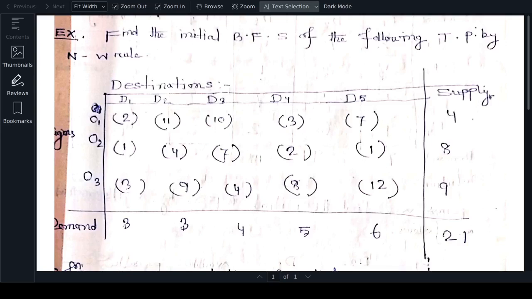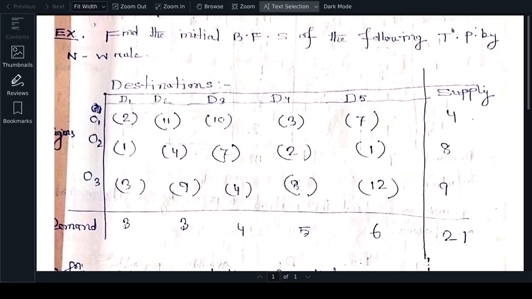Find the initial basic feasible solution of the following transportation problem by the northwest corner rule. Here the table is from source to destination.